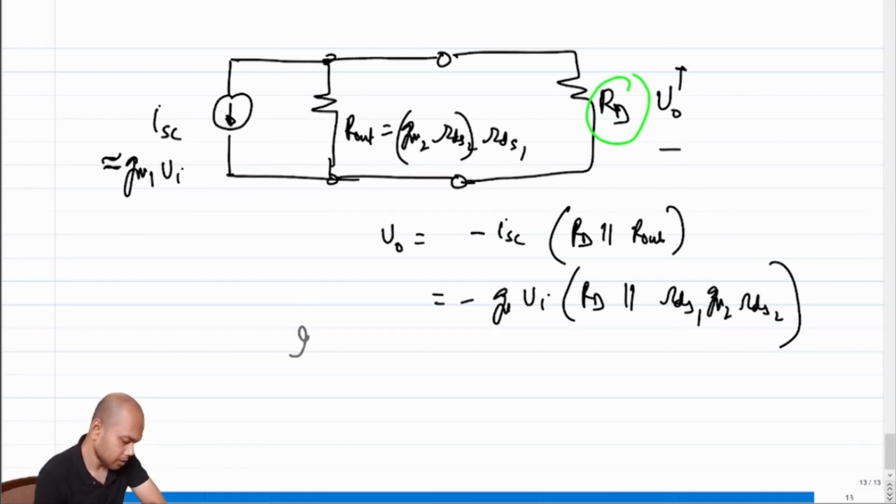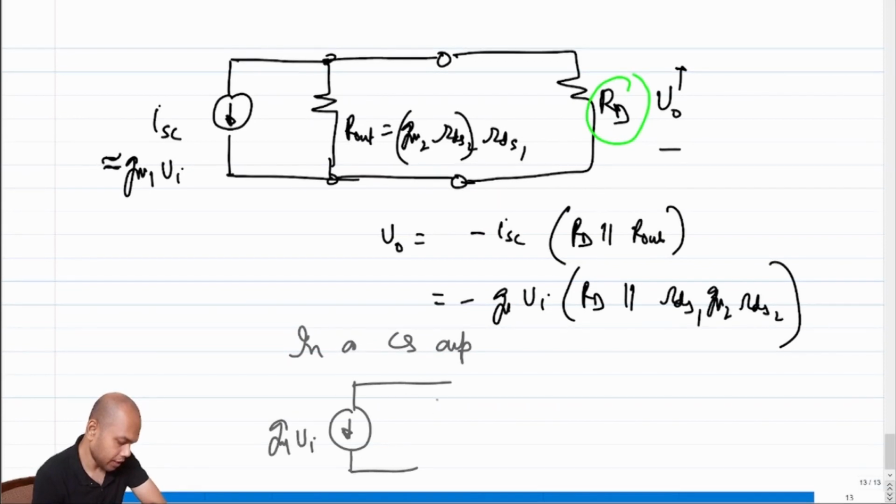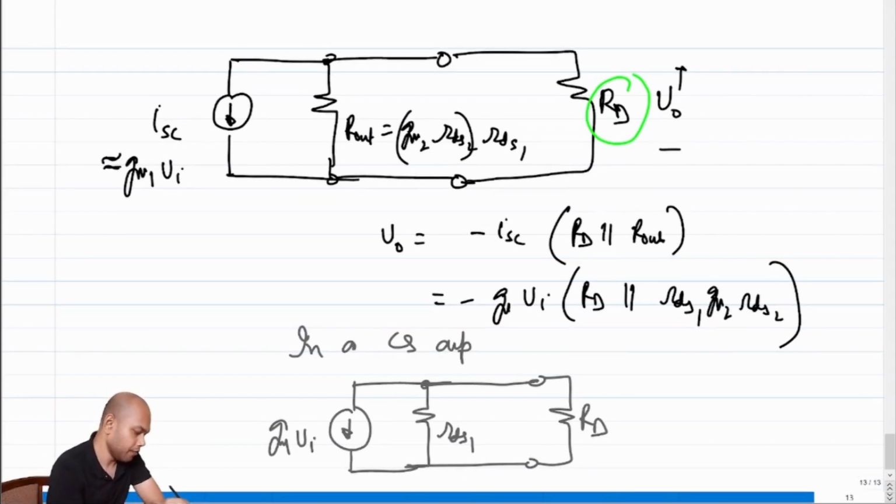In a common source amplifier, this would have been gm1 times Vi, rds1, and then RD. So instead of rds1, now you have an amplified version of rds1. I can say Rout is almost equal to some factor A times rds1.